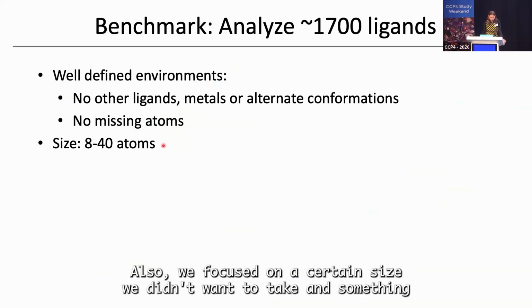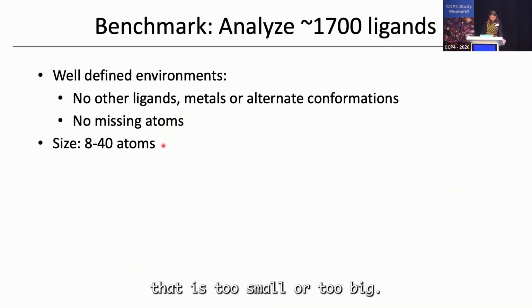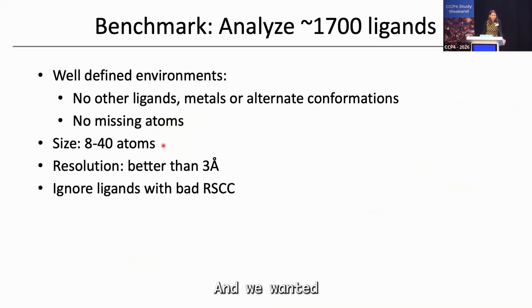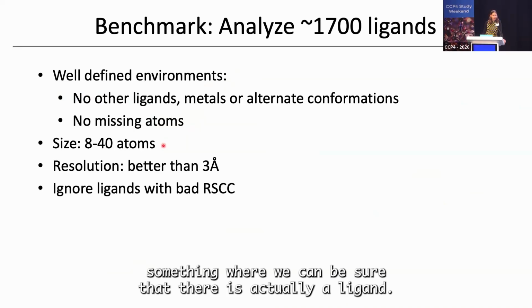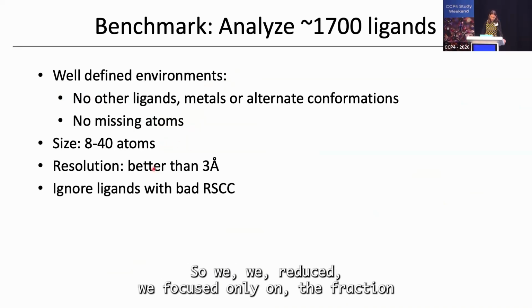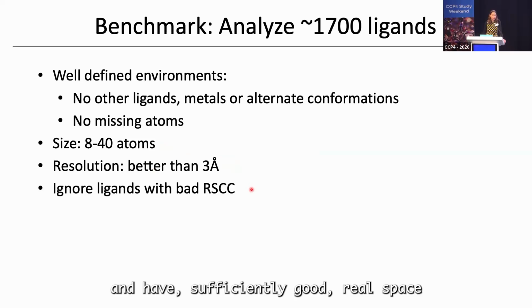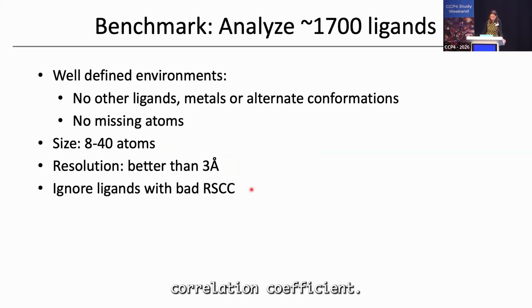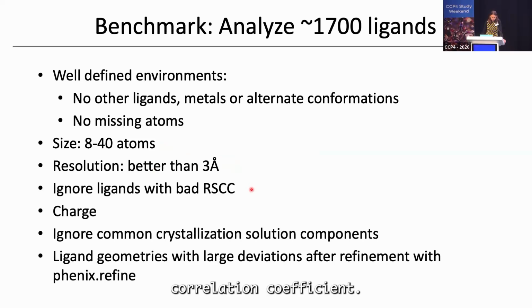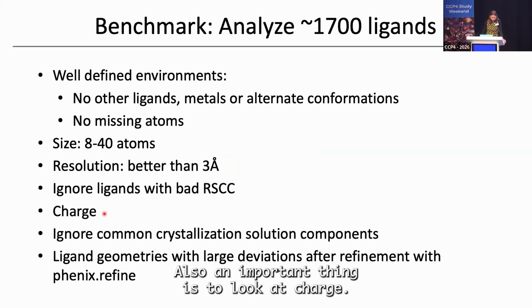Also, we focused on a certain size. We didn't want to take something that is too small or too big. And we wanted something where we can be sure that there is actually a ligand. So we focused only on diffraction data that have resolutions better than 3 angstrom and have a sufficiently good real space correlation coefficient. Also, an important thing is to look at charge.